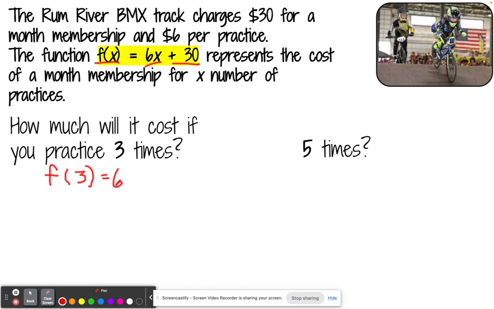6 times 3, because my x is 3, plus 30. And 6 times 3 is 18, plus 30.